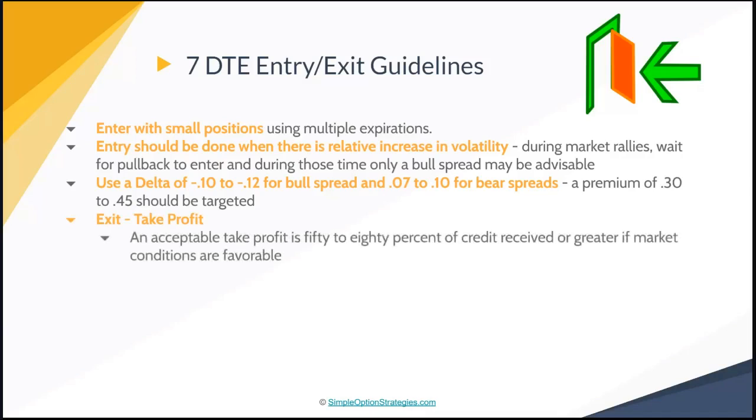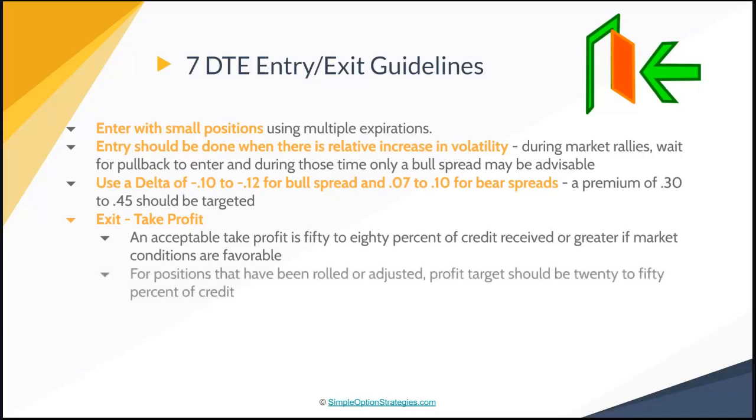I guarantee you. Okay, an acceptable profit is 50 to 80% of the credit received. So if the market conditions are favorable, I actually usually take in the 80 to 90% range. Okay, and then for positions that have been rolled or adjusted, profit target should be 20 to 50.